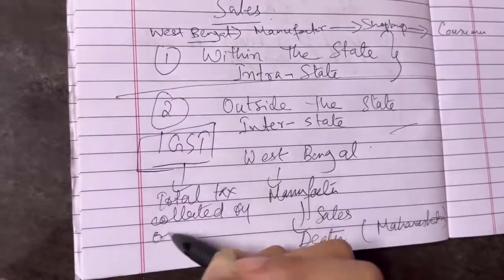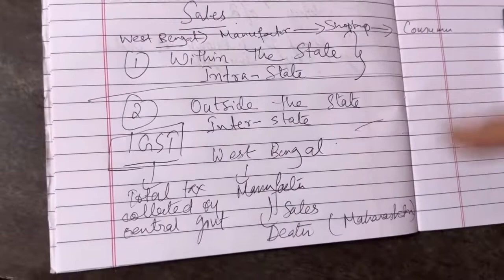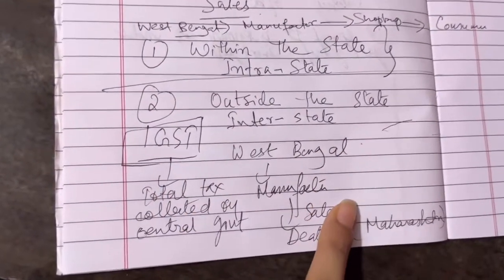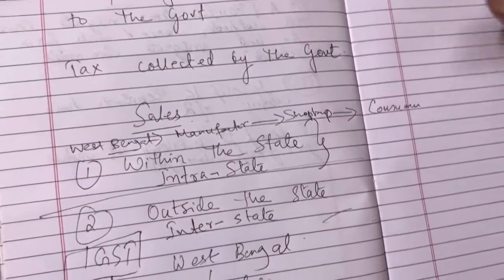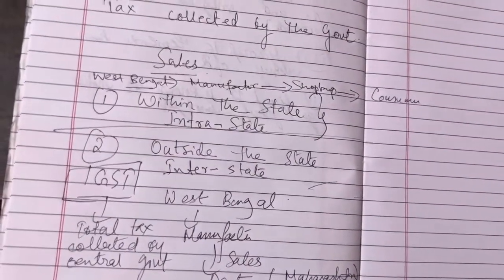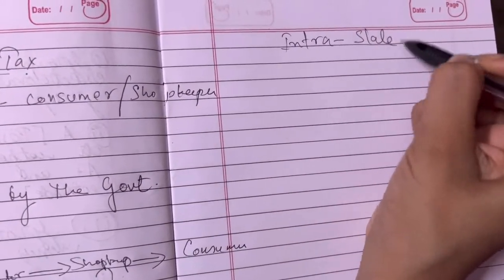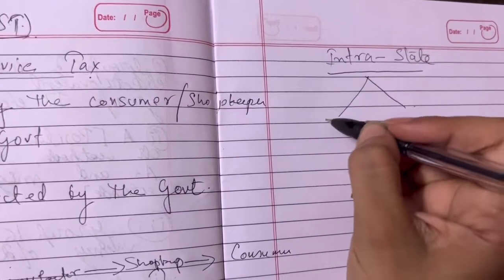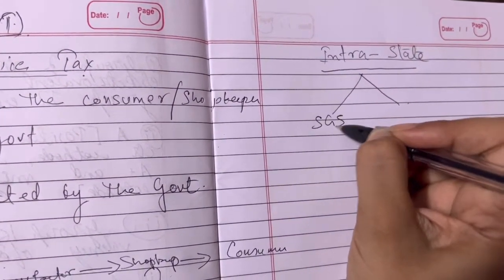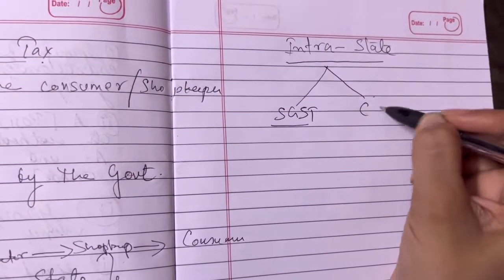But if the mode of transaction is within the state, which is intrastate, then 50% goes to the state government, which is called SGST, and 50% is CGST.